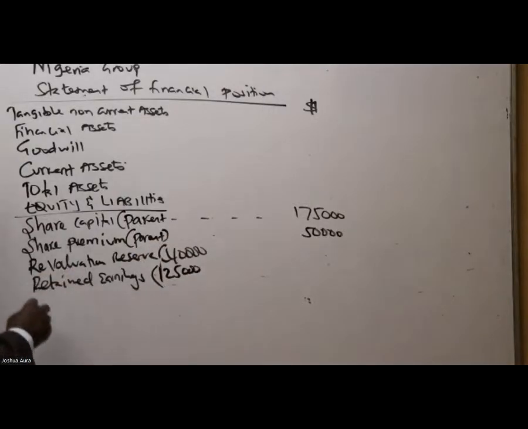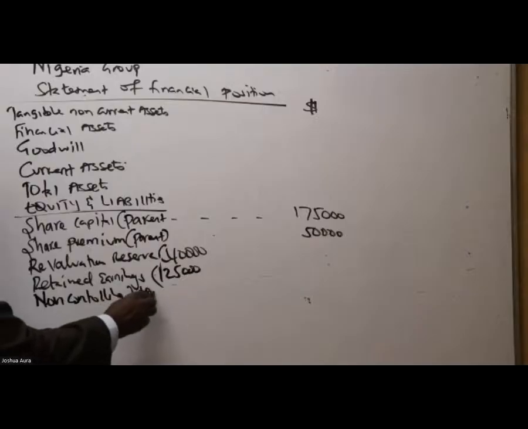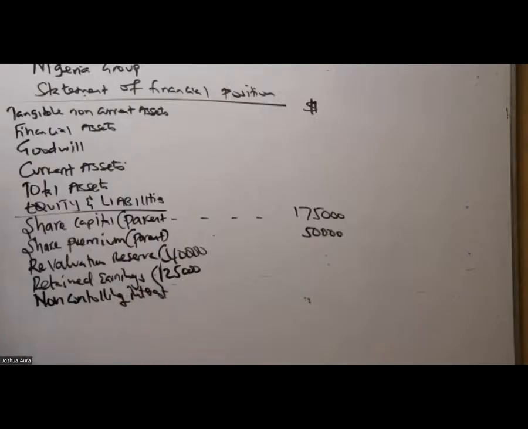Under equity, don't forget the non-controlling interest has to come there. Non-controlling interest is part of permanent source of funds. And from there, we go to the liabilities.